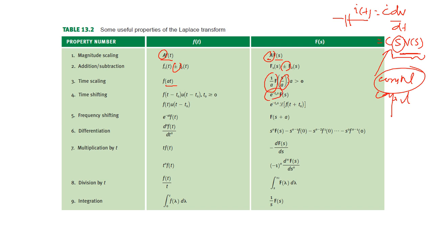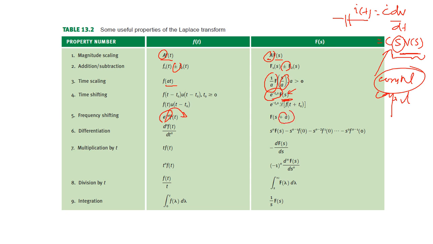So there would be just an exponential multiplier with f of s, while f of s has no change in its s. The frequency shifting is a multiplier of exponent with time.